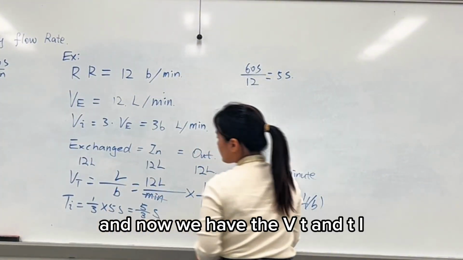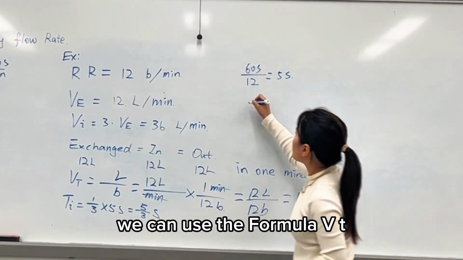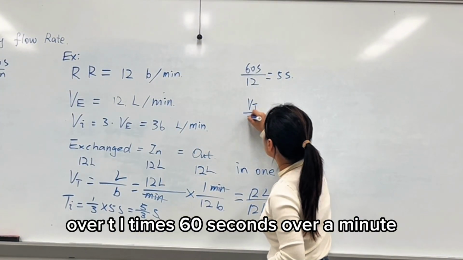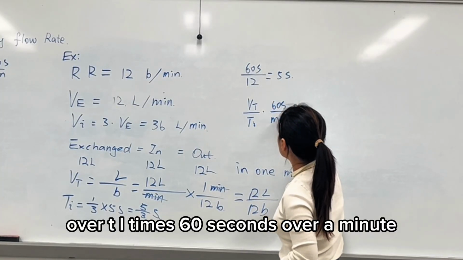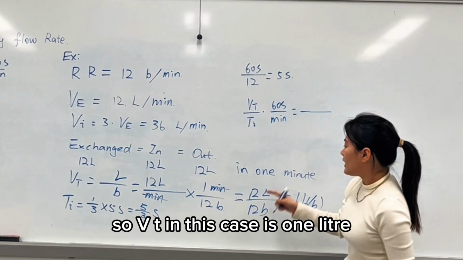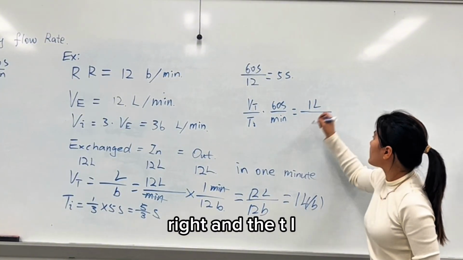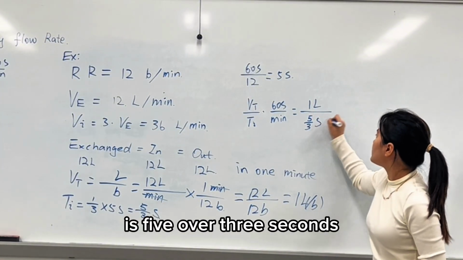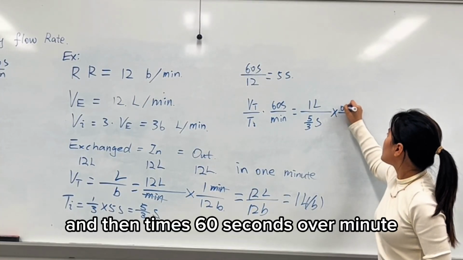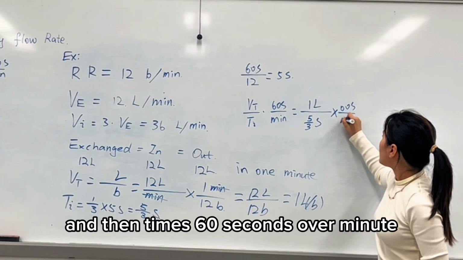And now we have the VT and TI. We can use the formula VT over TI times 60 seconds over a minute. VT in this case is 1 liter, and TI is 5 over 3 seconds, times 60 seconds per minute.